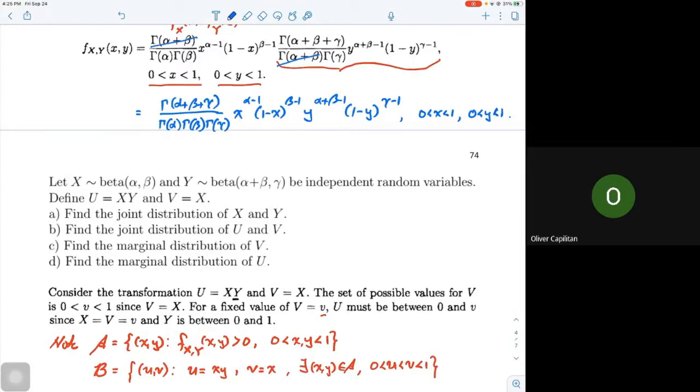Okay, so to determine the joint PDF of U and V, we simply replace this X here, no?